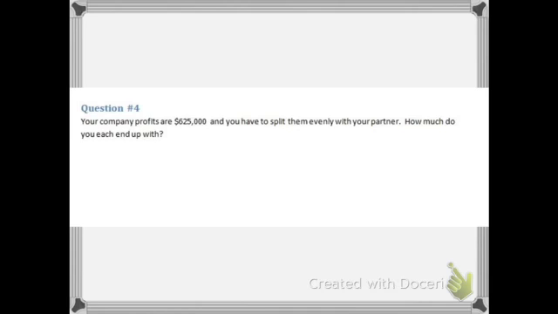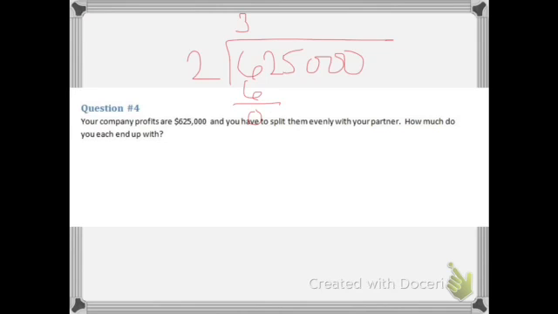Let's see. $625,000 in profits, and 2 people in the partnership. 2 goes into 6 3 times, which is 6, and has nothing left over. Carry down the 2. 2 goes into 2 once, just 2 with nothing left over. 2 goes into 5 twice, which is 4, has 1 left over, carry down the 0. 2 goes into 10 5 times.